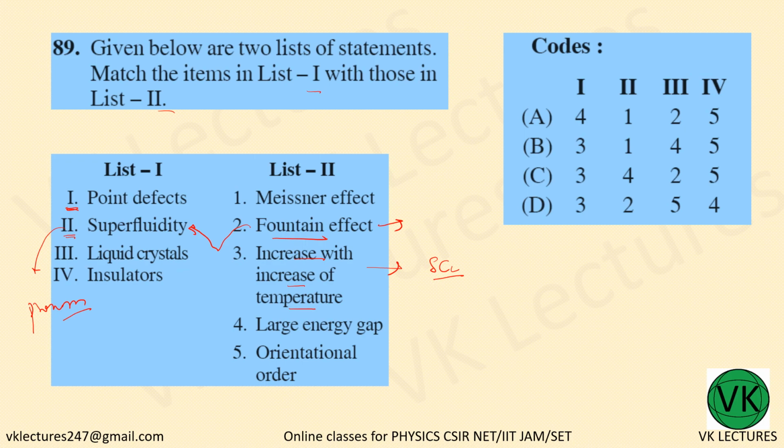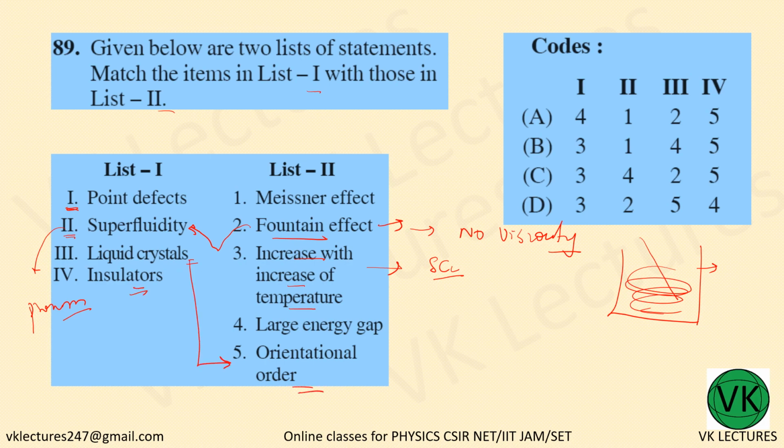What do you mean by superfluidity? Superfluidity means there is no viscosity. That means the fluid will flow indefinitely. If you stir this superfluid liquid, it will keep rotating indefinitely. This is what is meant by superfluidity. Now liquid crystals have orientational order.